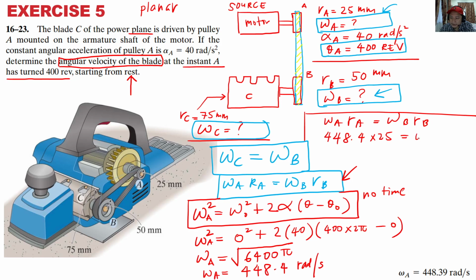Omega B do we know? We don't know. RB is 50. So omega B is equivalent to 448.4 times 25 divided by 50, which is 224.2 radian per second.